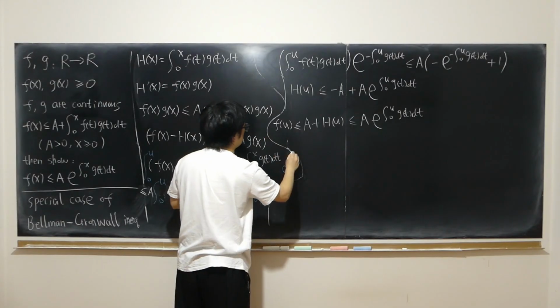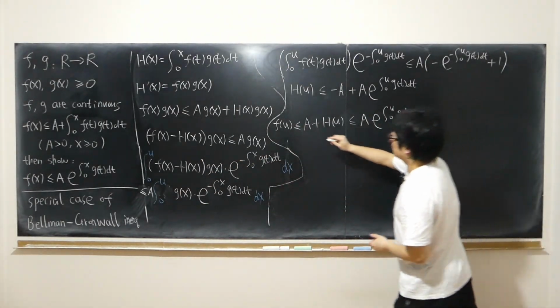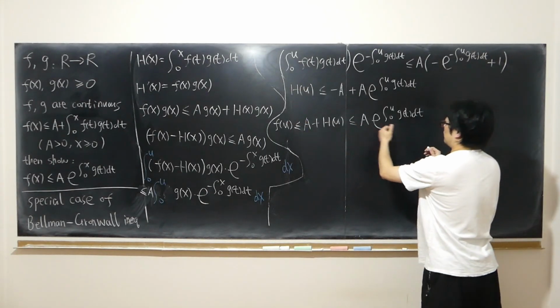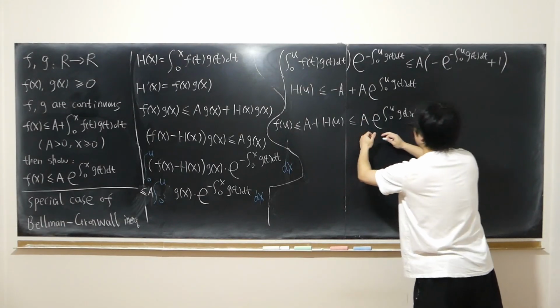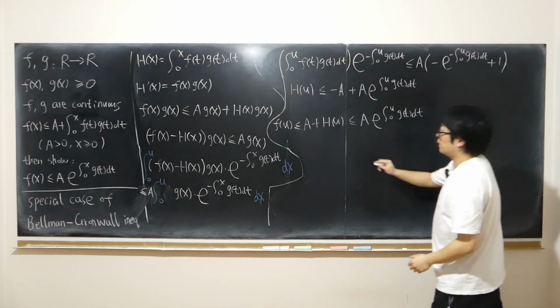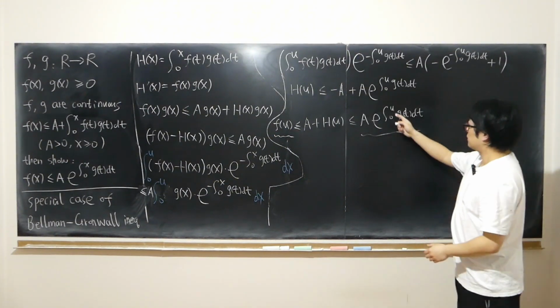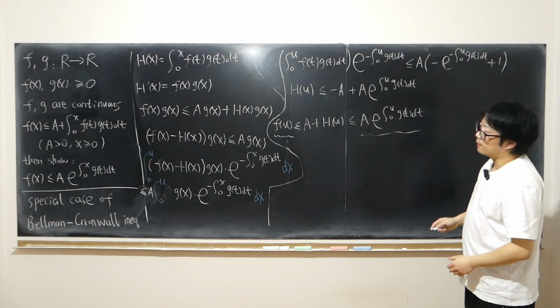This is what we have. So we've just loosened the inequality by using this one, that's the given condition. So really, f of u is less than a times e to the integral from 0 to u of g of t dt.